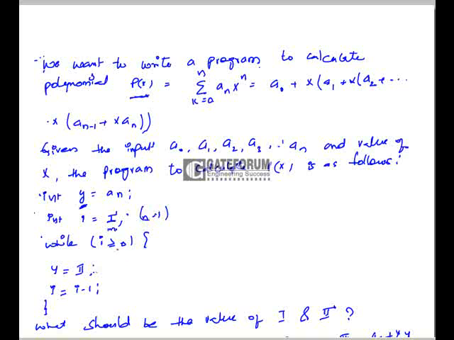And while i is greater than or equal to 0, y is equal to, this should be a i plus, so it will come from the last.